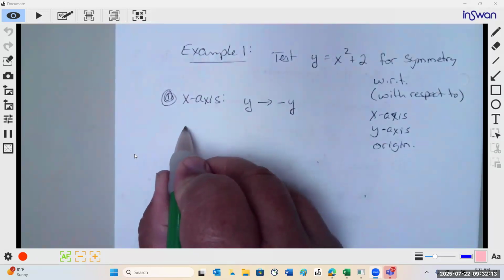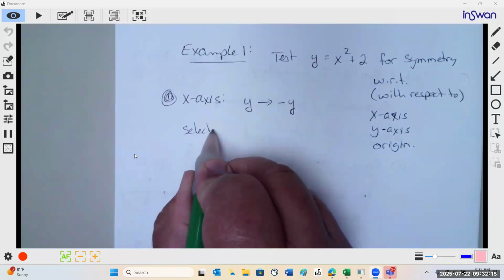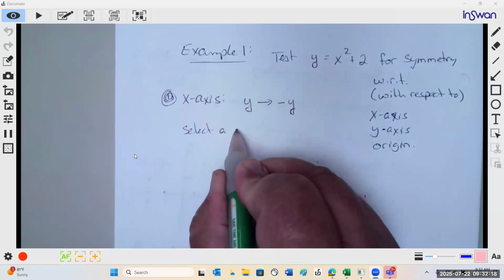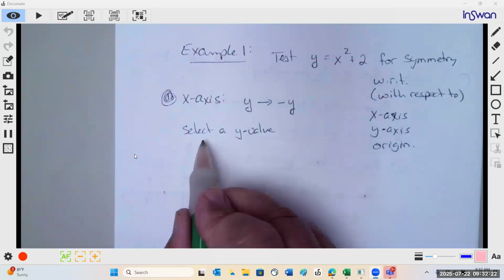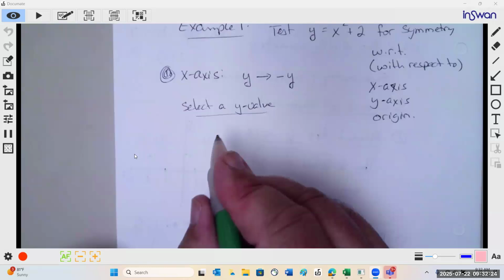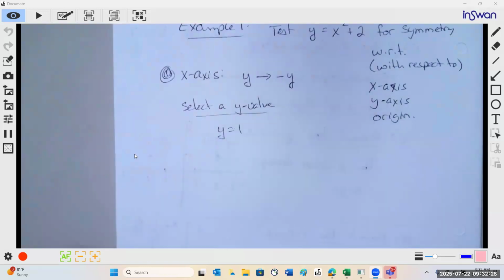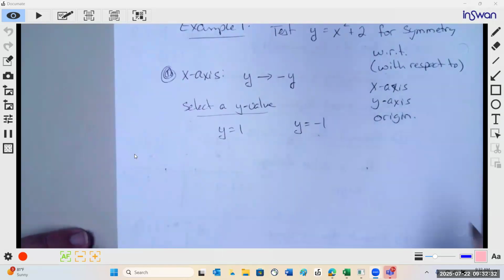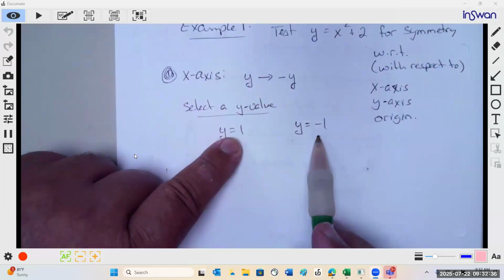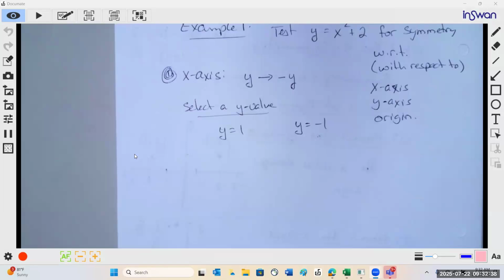So select a value for y. Doesn't matter what it is. Say it equals 1. If it's symmetric about the x-axis, if I plug in both of these answers, I should get the same x values.